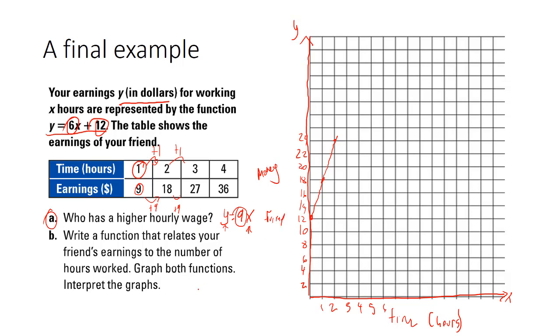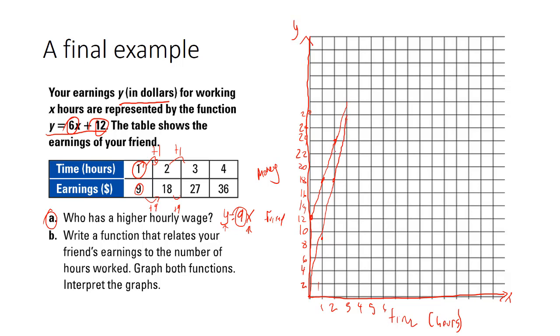And then it says graph both functions and interpret the graphs. Well, these are points. I could plot them. 1, 9, 0, 0, and 2, 18, and then 3, 27. So 3, 27 is right here. And so your graph is going like this. His graph is going like this.